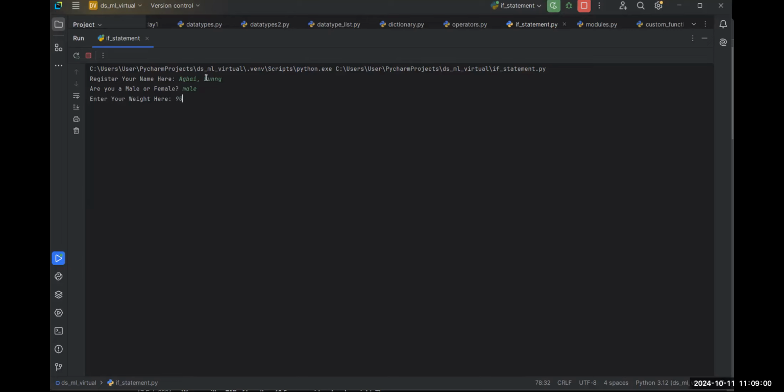Let's use 90, okay, let's use 90. And then we said kg, we used kilogram now. And then let's use, instead of 176, let's use like 190. And see, this is cm, right?